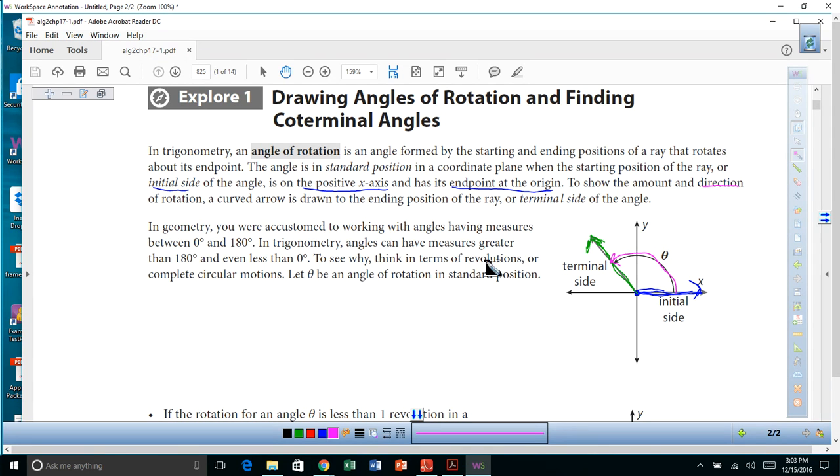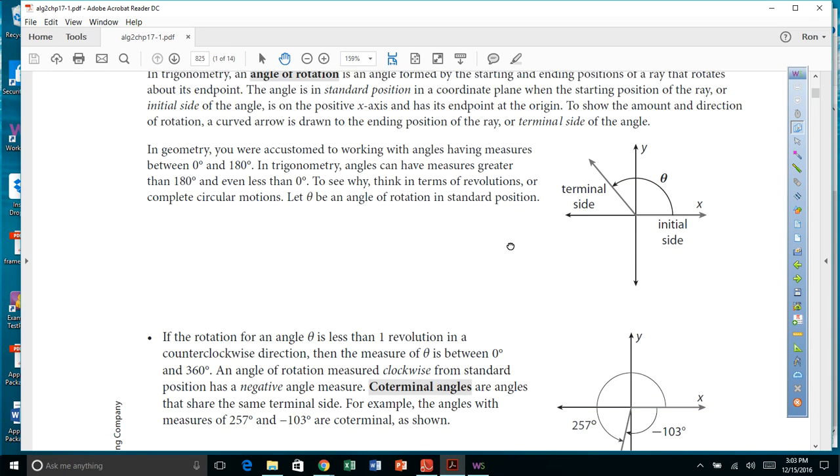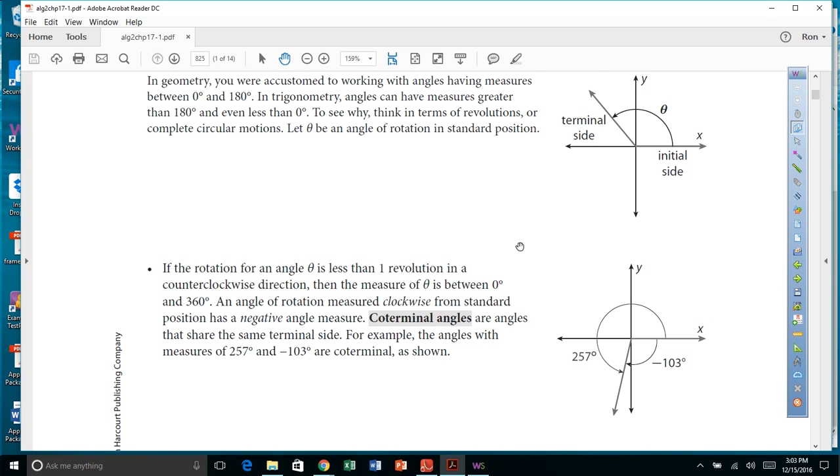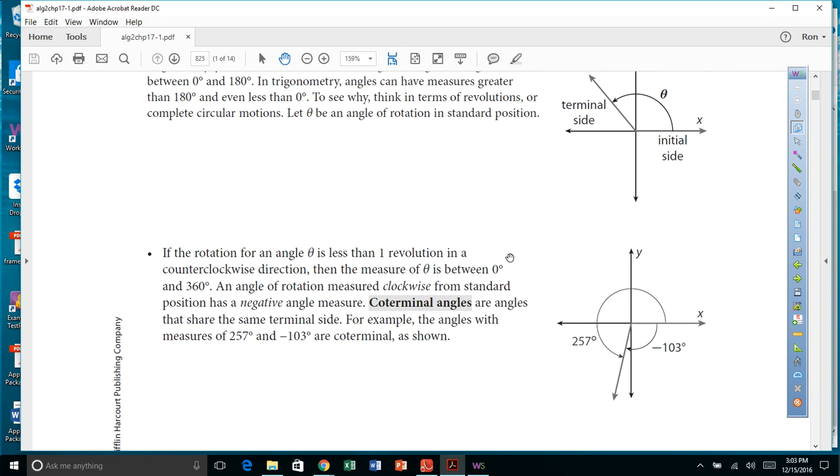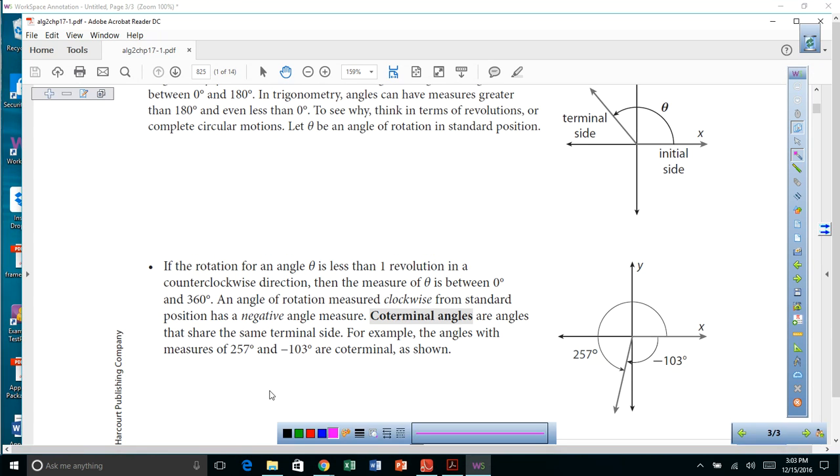Notice if it's counterclockwise, it's positive. In geometry, you were accustomed to working with angles having measures between 0 and 180 degrees. In trigonometry, angles can have any measure greater than 180 degrees or even less than 0 degrees. To see why, think in terms of revolutions or complete circular motions. Let theta be an angle of rotation in standard position.